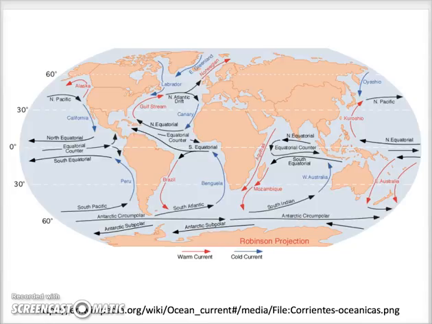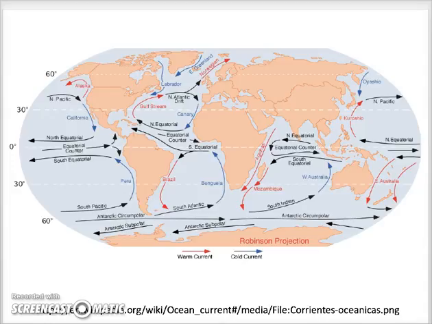The Gulf Stream originates off Florida and flows northeastward along the western coastlines of the United States and Newfoundland before crossing the North Atlantic as the North Atlantic Current at about 40 degrees north and 30 degrees west.